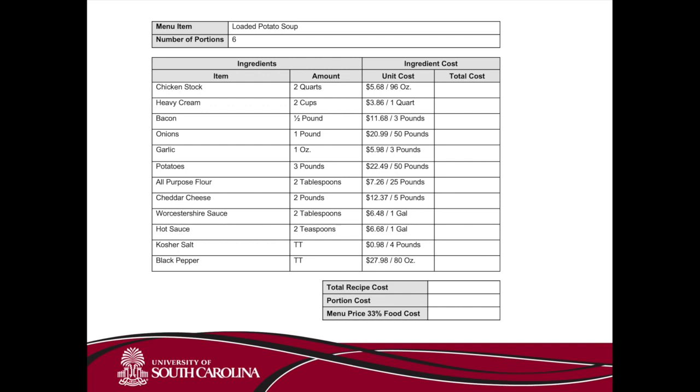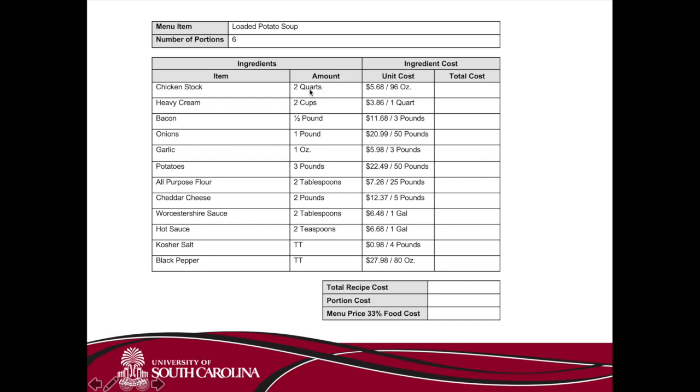Okay, so let's take a moment and review what we looked at last week. This is a standard recipe. We have our ingredients, we have our amounts, we have our unit cost. We're going to look for our total cost. So again, the easiest thing is going to be for us to get equal units here and here, right?